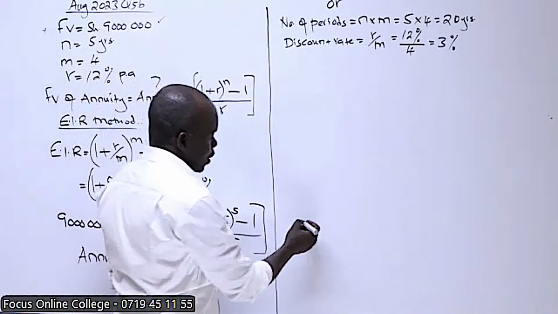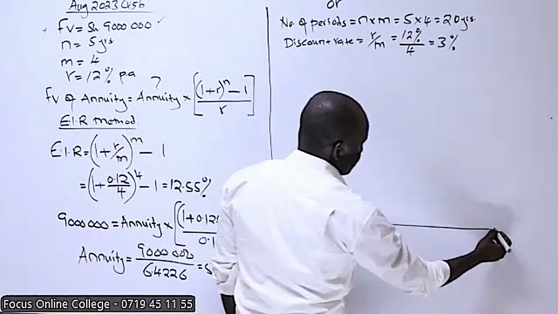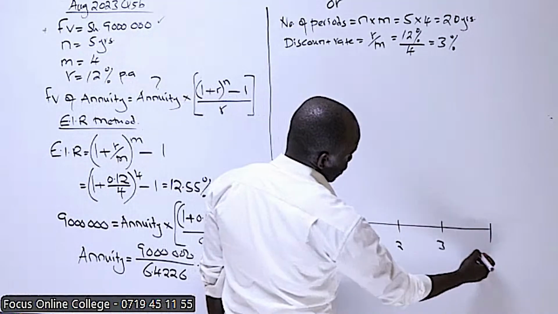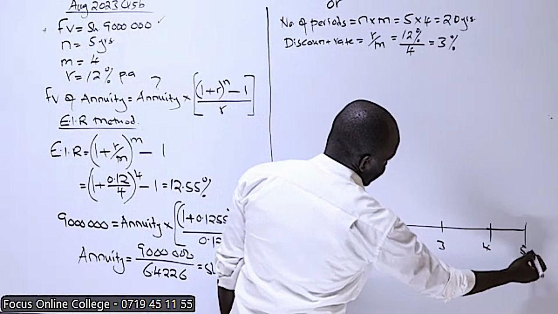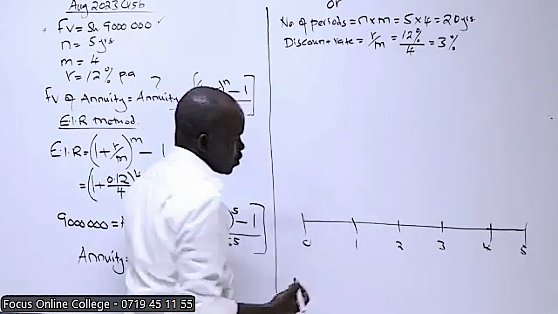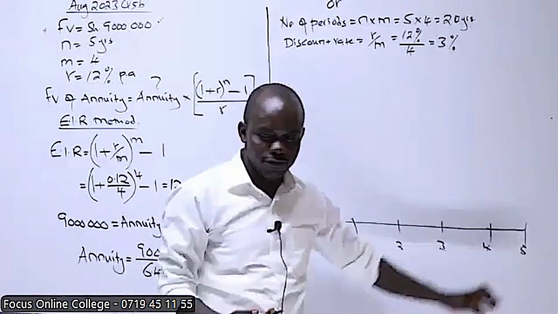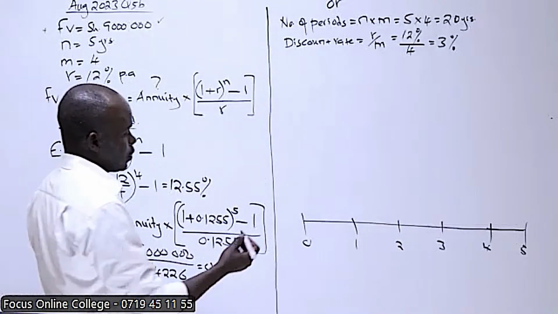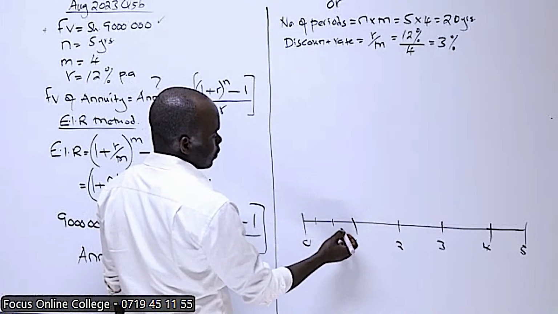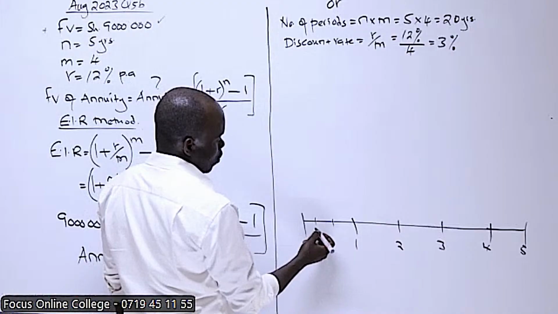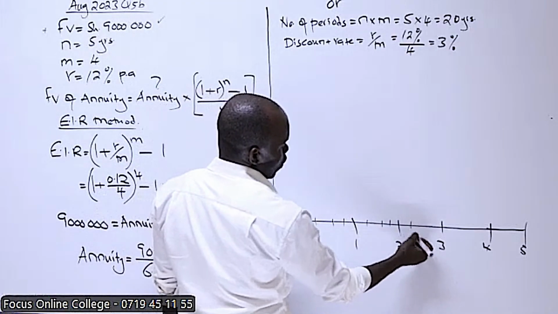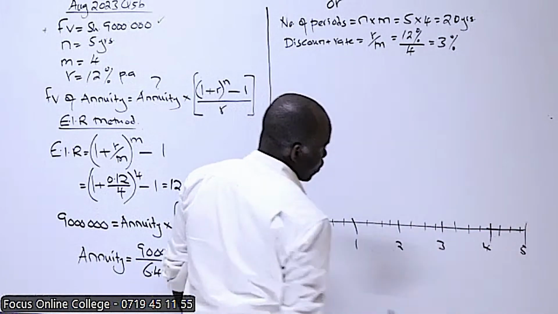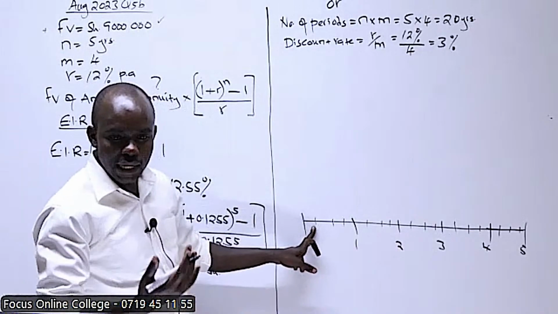This is 0, 1, 2, 3, 4, and 5. So these are 5 periods, 5 years. But in each year he is making 4 payments, so there are other periods here. These are not the periods, because compounding is occurring quarterly.